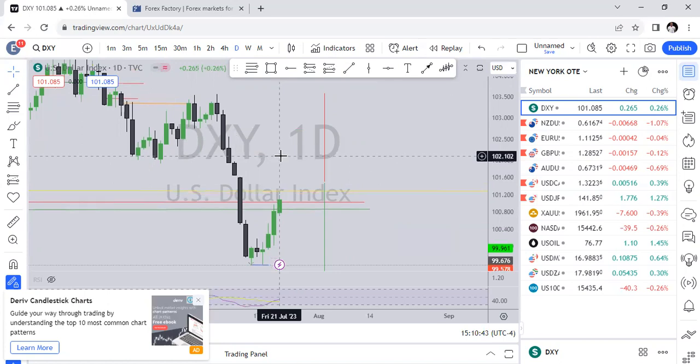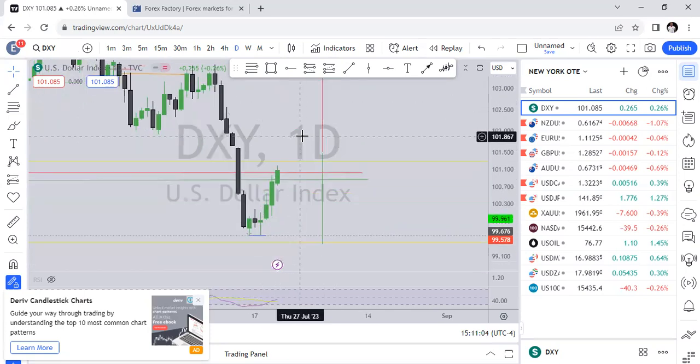If you're someone who trades currencies, the major pairs are pairs that have the dollar. So if you trade the major pairs, you want to take note of what the dollar will actually do.